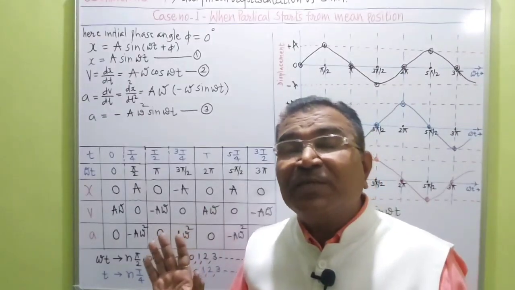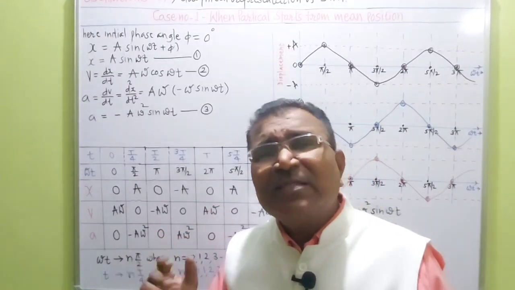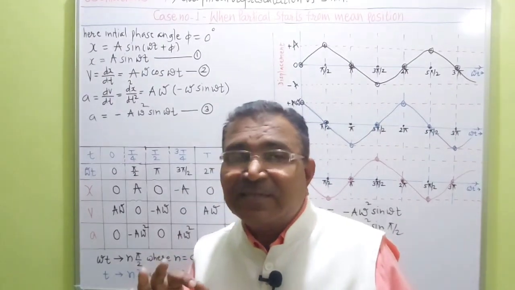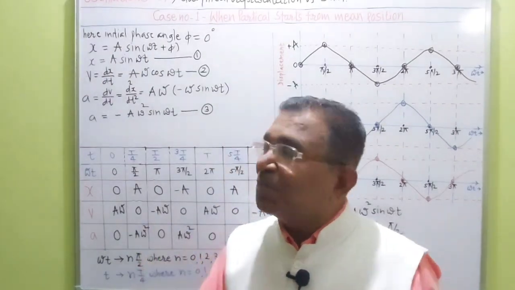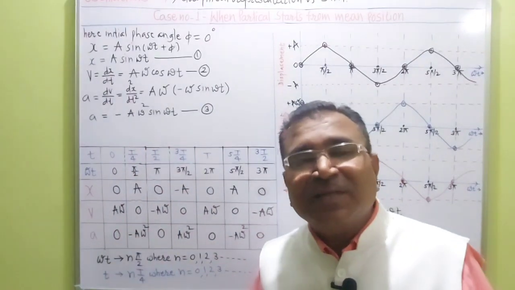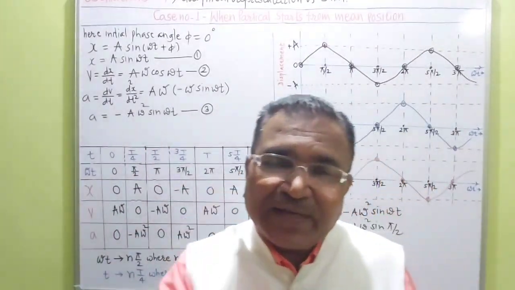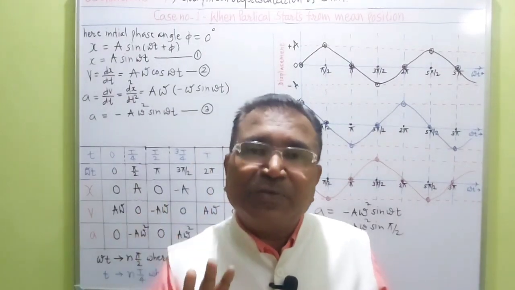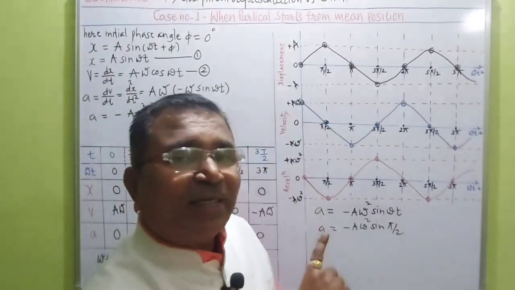Let us watch the video again and again, and let us draw the graph by making use of the observation table that I have also very carefully explained to you.